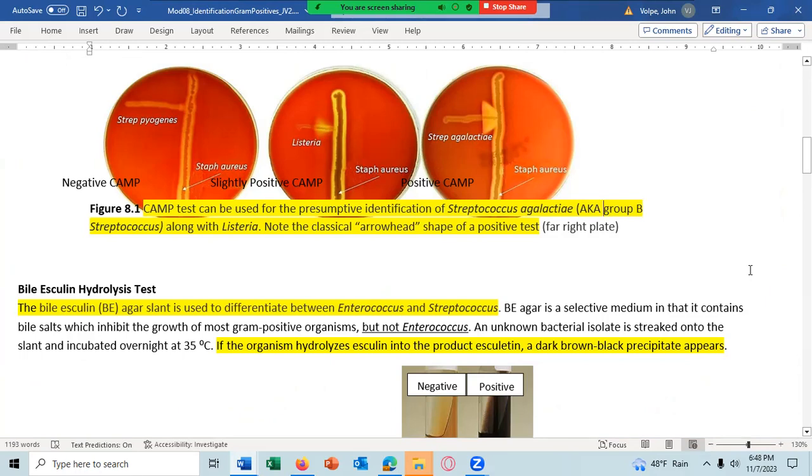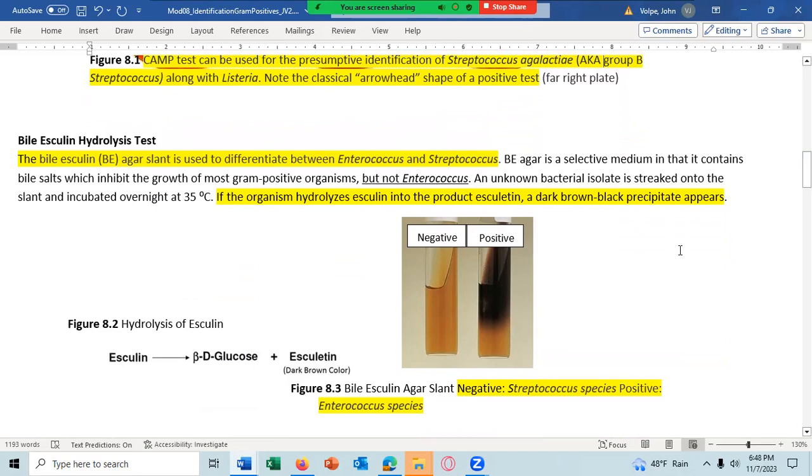The bile-esculin hydrolysis test uses bile-esculin in an agar, and you inoculate it. And if the bacteria can digest the esculin, it makes glucose and esculetin. Esculetin is a very dark brown color, so it actually looks kind of blackish.